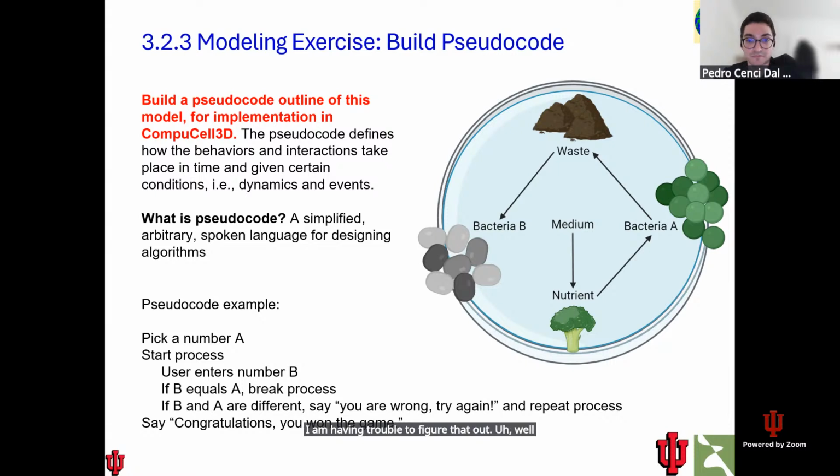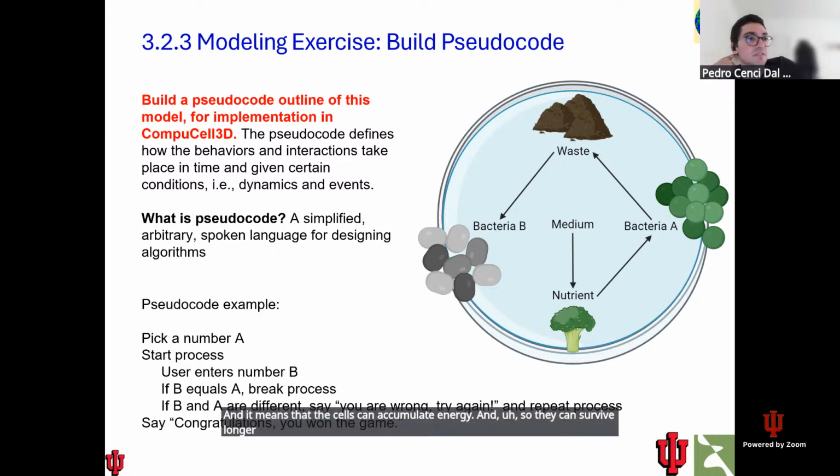Well, you can assume that for every certain amount of nutrient consumed, there is an equivalent amount of energy acquired. So you can relate them one to one. So for every unit of nutrient I take up, I increase my energy by one. And it means that the cells can accumulate energy, and so they can survive longer if they lose access to nutrient.